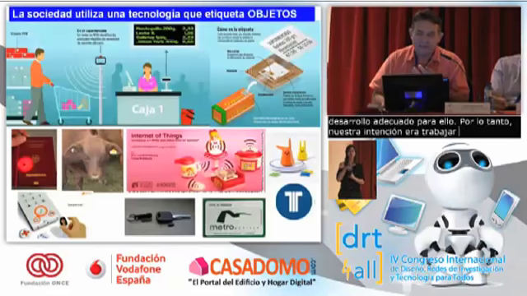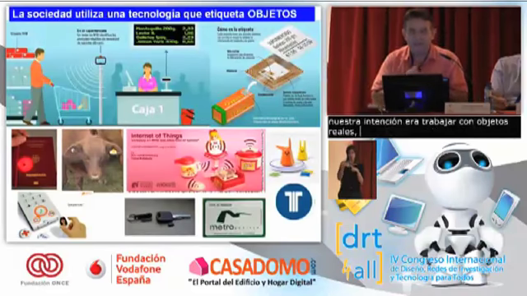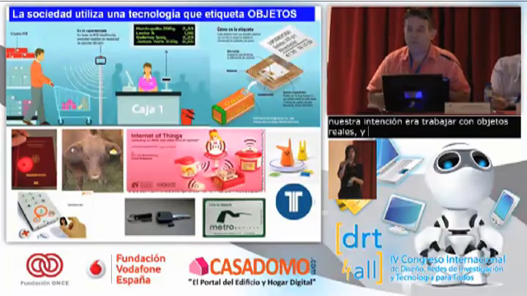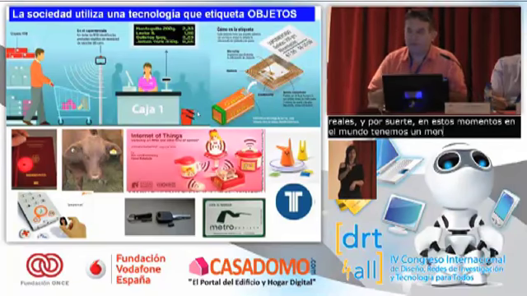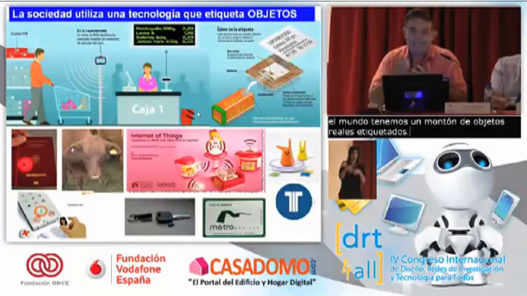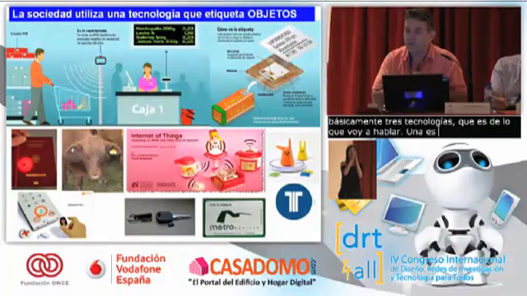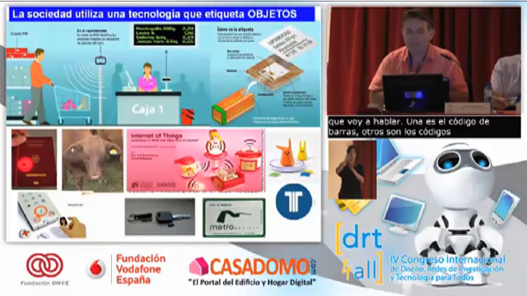And so our intention was to work with real objects. And luckily, in the current world, we have many labeled real objects, for instance, in the ATM machines or cash machines. There are different technologies: the barcode, the QR code, and the RFID code.